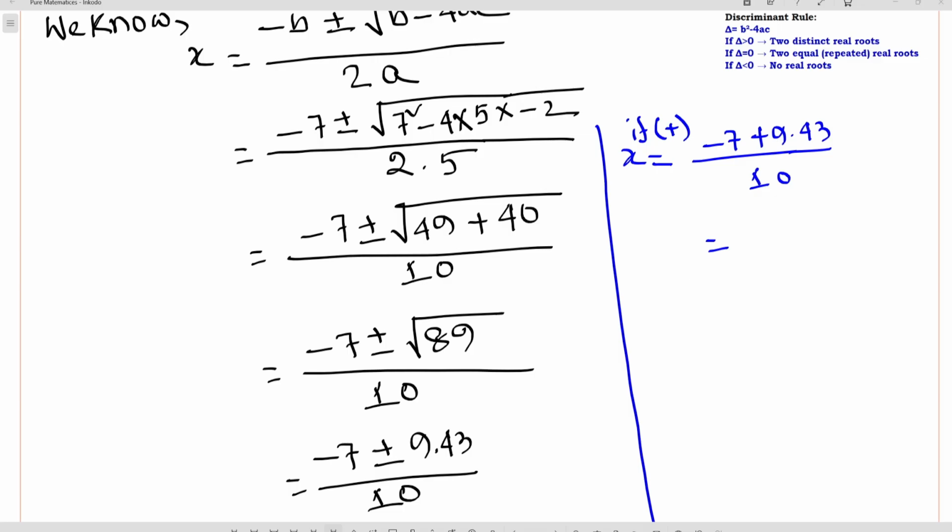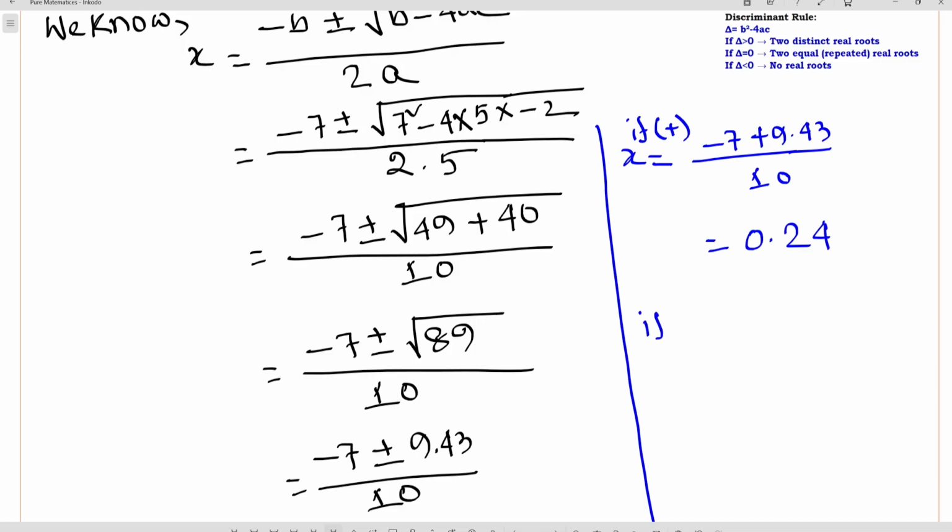So minus 7 plus 9.43 will be 2.43 divide 10, and our result will be 0.243, or we can write 0.24.